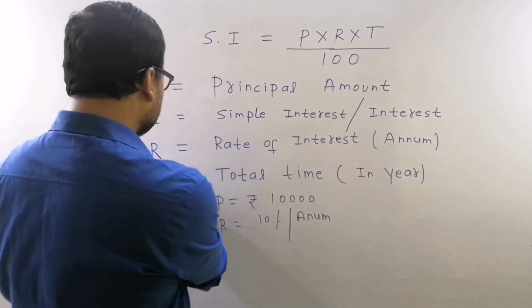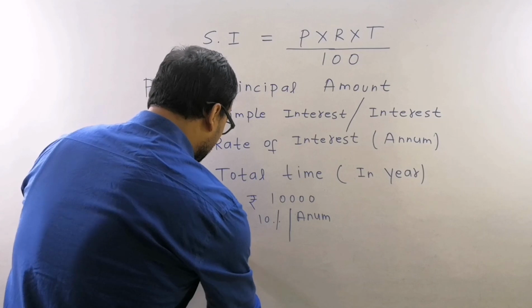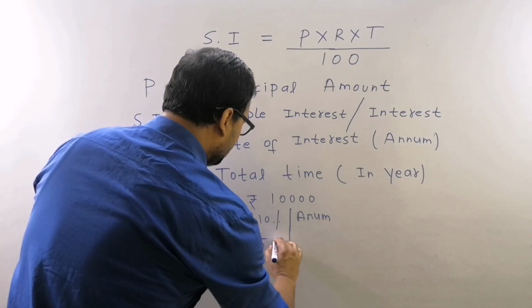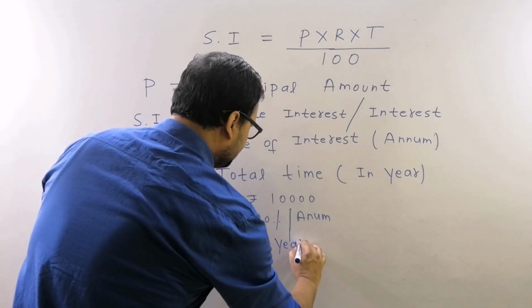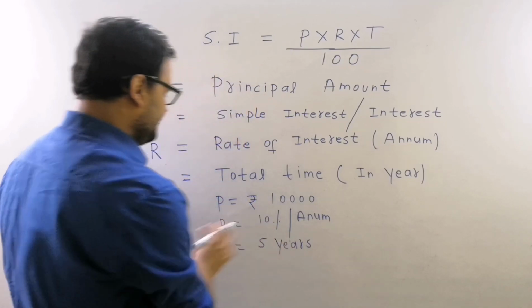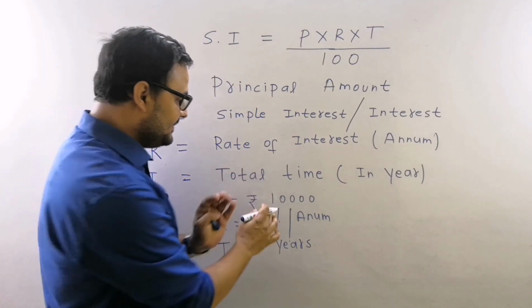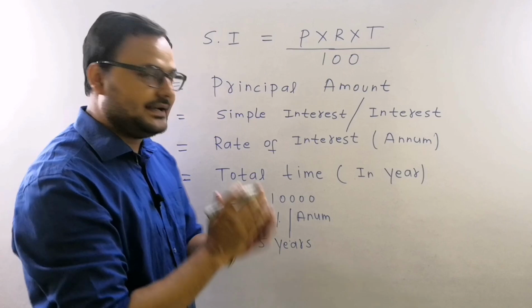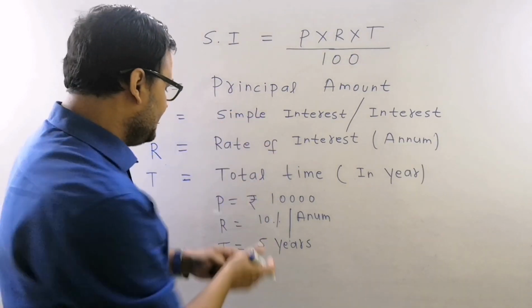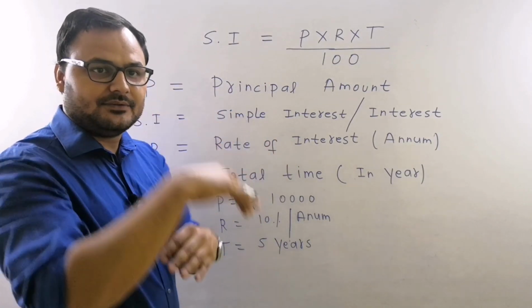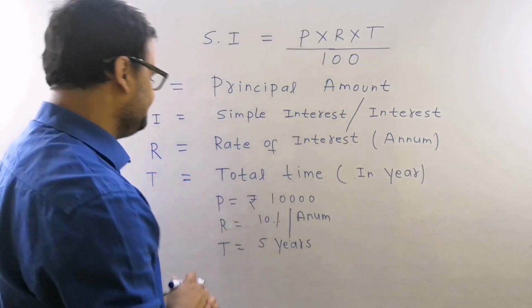Now he will say time. He will give me the loan for 5 years. Now 10% interest I have to pay, and time I need 5 years to repay the loan, and the amount that I have taken from that person is 10,000.